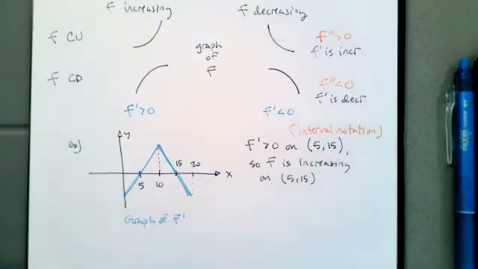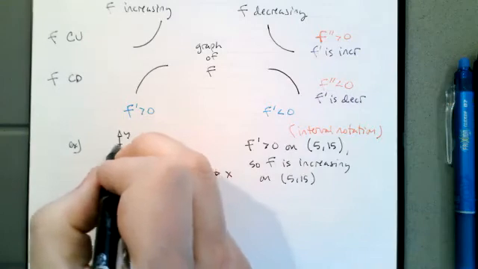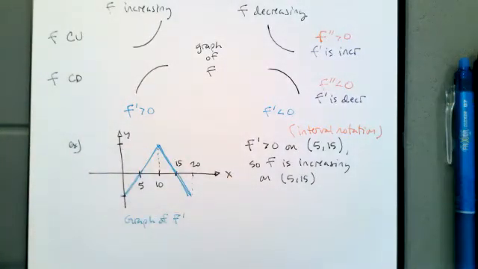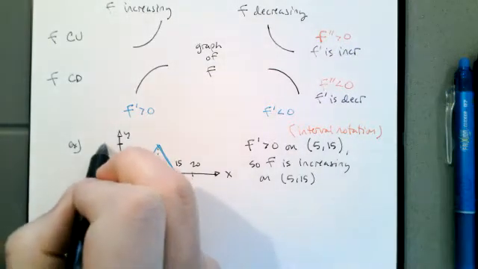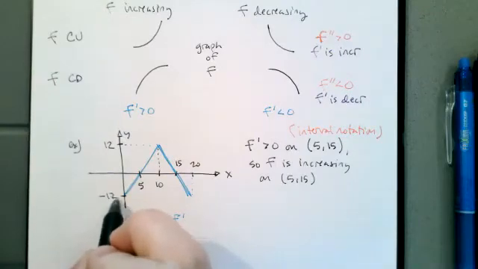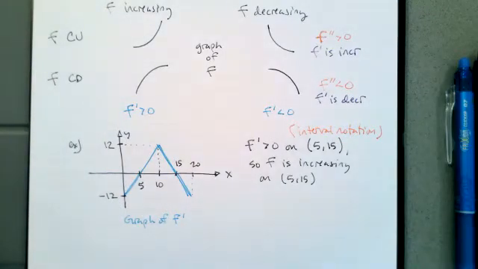Moreover, let's say the top value up here looks like it's about 12. And then down here, that's clearly negative 12, because I can't resist symmetry. We know that the function is increasing on the interval from 5 to 15. That area will tell us how much the function has changed from 5 to 15.